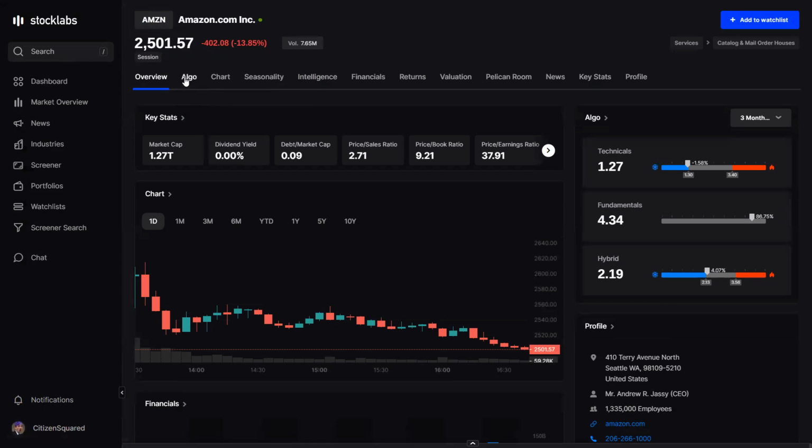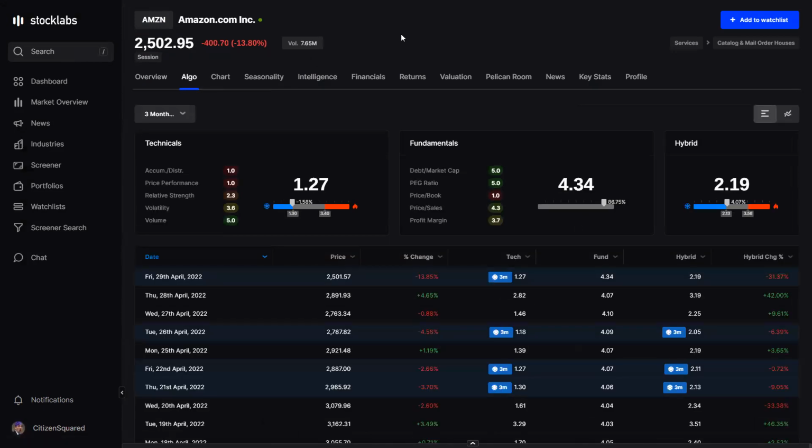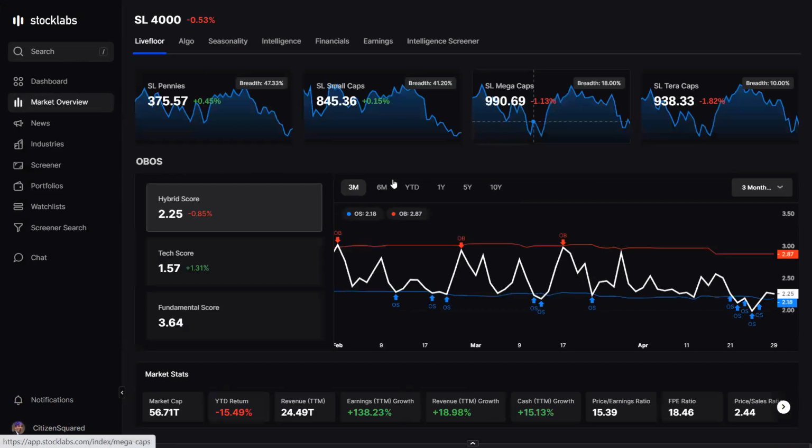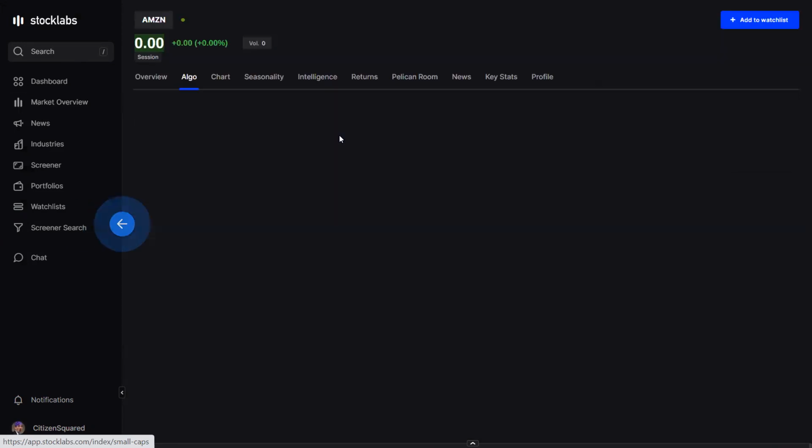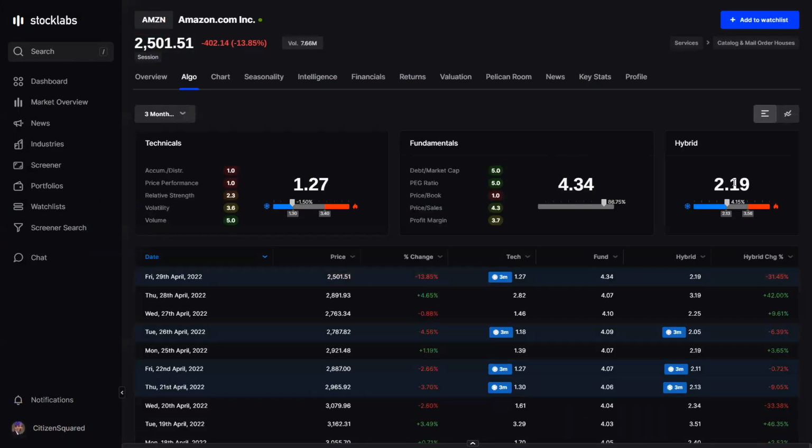For Amazon here, for instance, you could see the hybrid score is kind of similar to what the overall market was, but it doesn't have to be at all. Remember that the overall market was something like 2.29 or 2.28 when we were looking at it. Okay, 2.25 now, so we're kind of softening up here. So 2.19 is the current Amazon score.